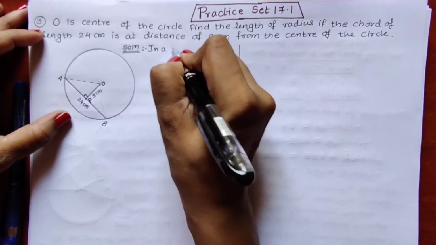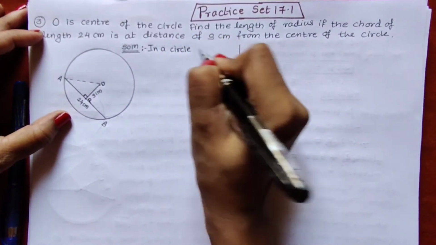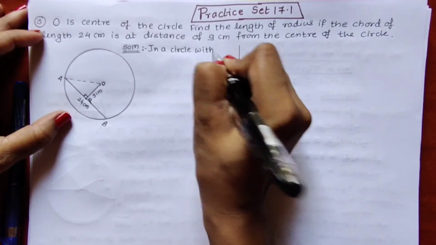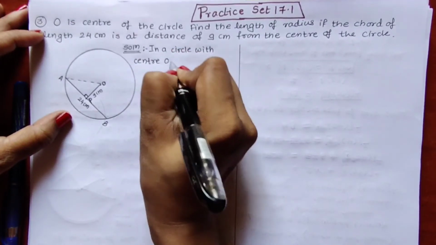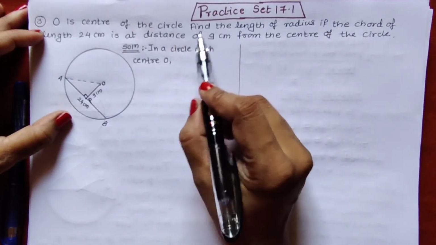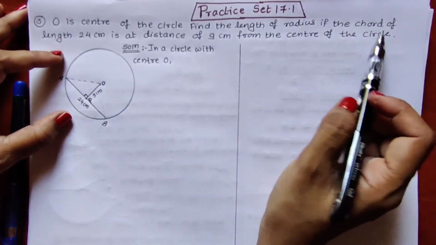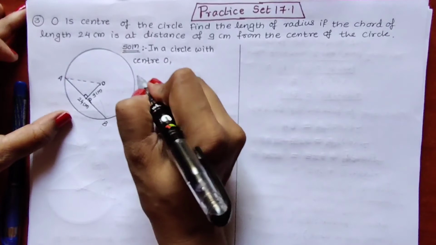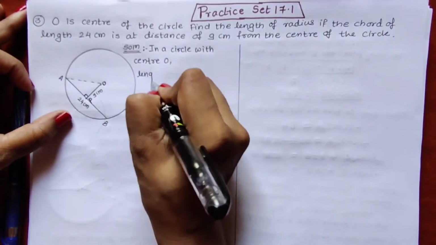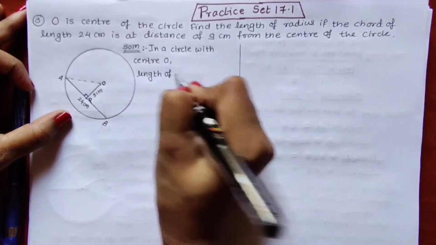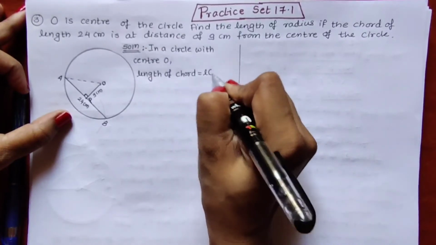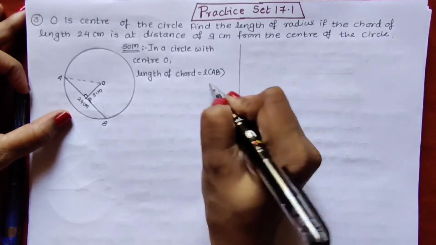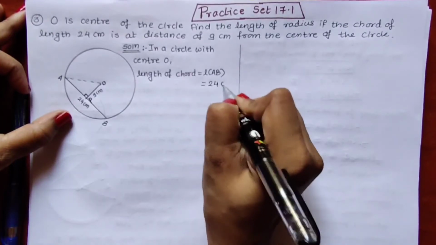In a circle with center O, what is given to us? Chord of length 24 centimeter. So the length of the chord, that is length AB, is equal to 24 centimeter.